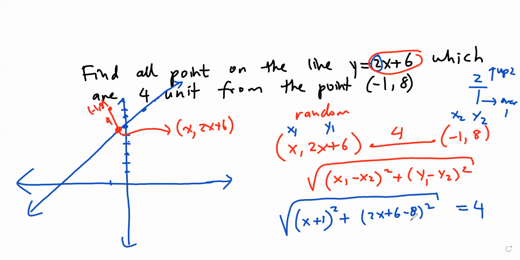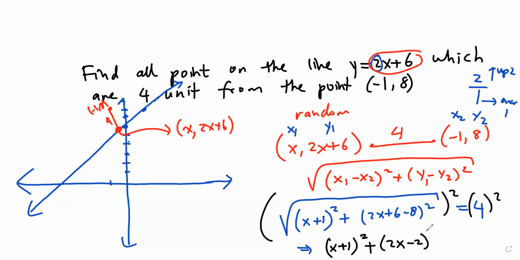But this equation contains radicals, so I'm going to take the square of both sides. If you square both sides, you get x plus 1 squared plus 2x, 6 minus 8 is -2, squared, equals 4 squared, which is 16.